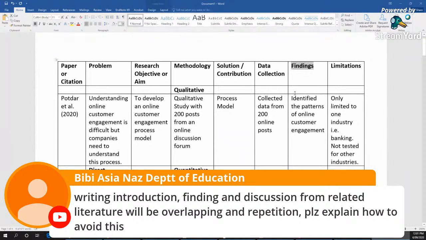No, they will not be repeated, because these findings are for this paper and this finding is for that paper. So the findings will not be repetitive. Writing introduction and discussion: introduction and discussion is not in this table anyway, so that will not be repeated as well. If I did not answer your question correctly, maybe just give me some clarification and then I can explain that.